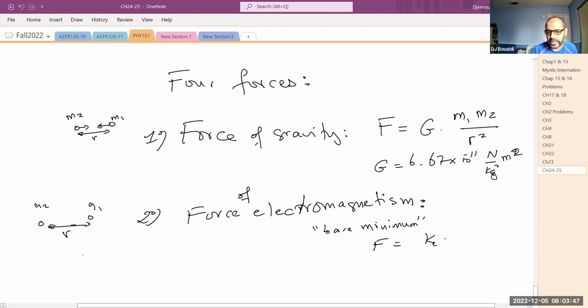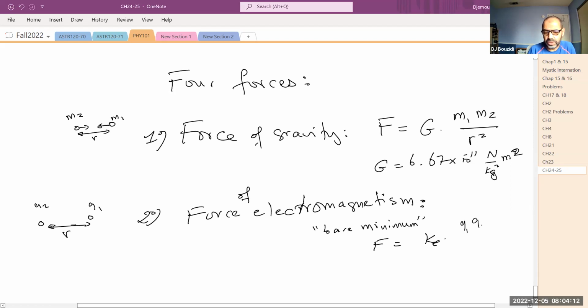If they are in the air, that constant has a value. If they are not in the air, for example inside the water or somewhere else in a different medium, that k_e changes, okay? Or if there is a medium between them that has specific properties, then that constant changes. So it's not always constant, unlike the gravitational constant, which is really a fundamental constant of nature.